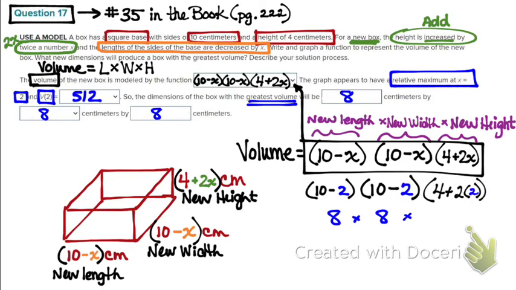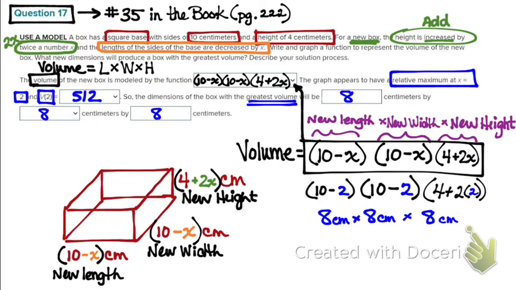That's how we got our last 8. What units would go on each of these? Centimeters. 8 centimeters by 8 centimeters by 8 centimeters.